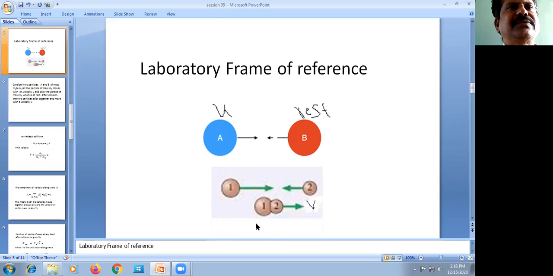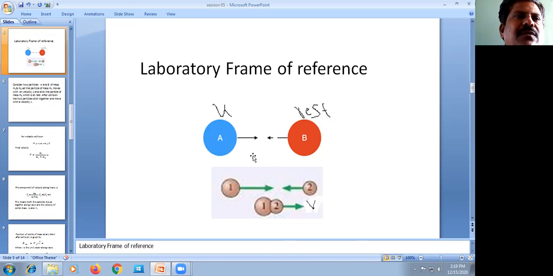Consider two particles A and B of masses m1 and m2. Let the particle of mass m1 move with an initial velocity u and strike the particle B of mass m2, which is at rest.